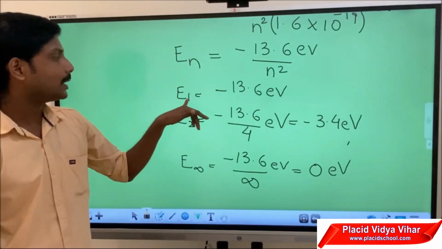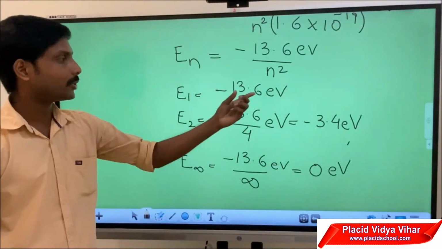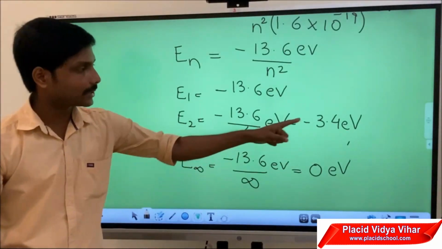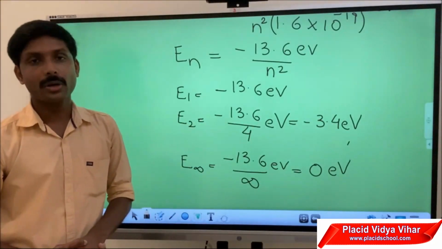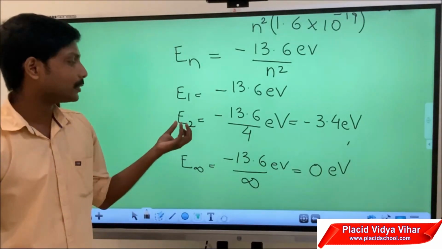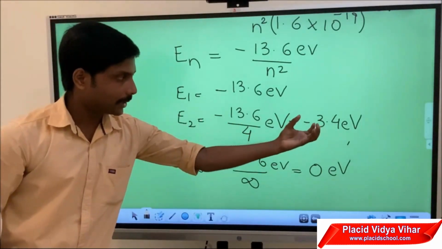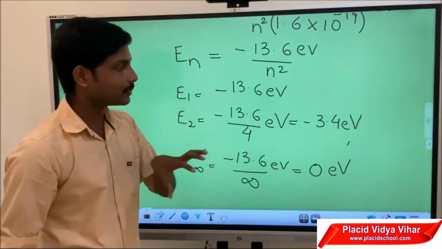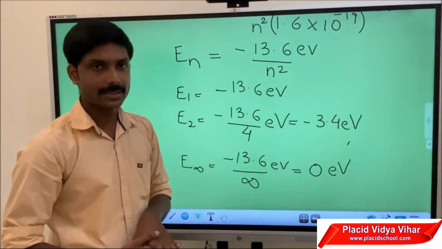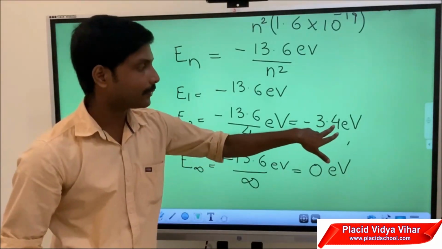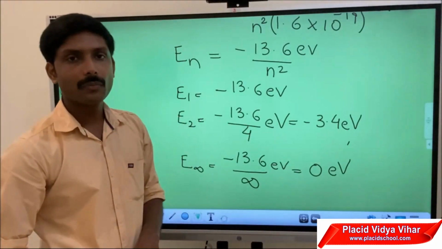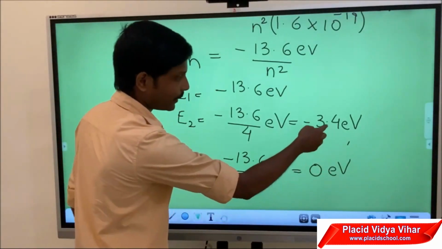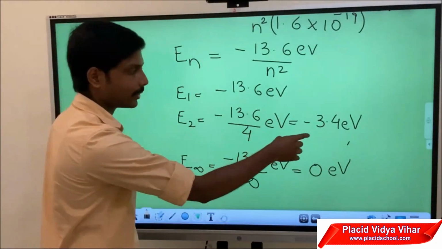Now see, E1 equals minus 13.6 electron volts and E2 equals minus 3.4 electron volts. Suppose you want to bring the electron out from the second orbit of the atom, we have to supply an energy equal to 3.4 electron volts.